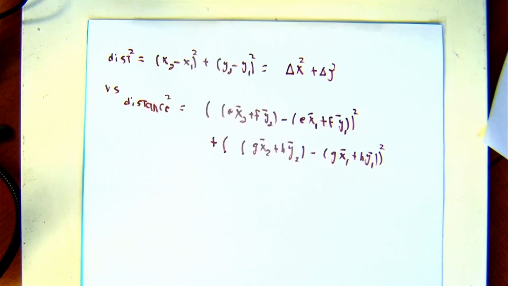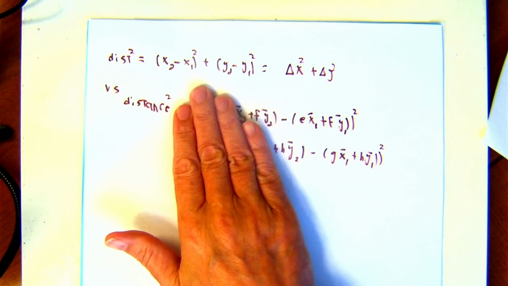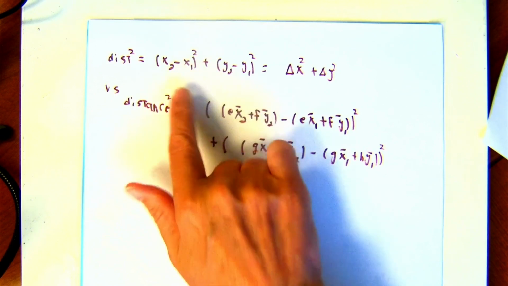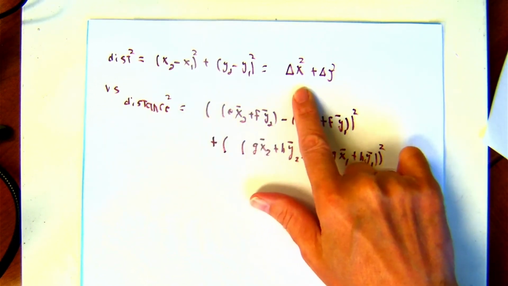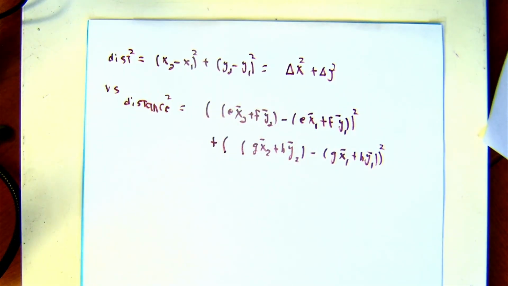So on the one hand, the distance squared between P and Q is this expression, which I'm just going to write as shorthand, the change in x squared plus the change in y squared. This is nothing but the Pythagorean theorem.